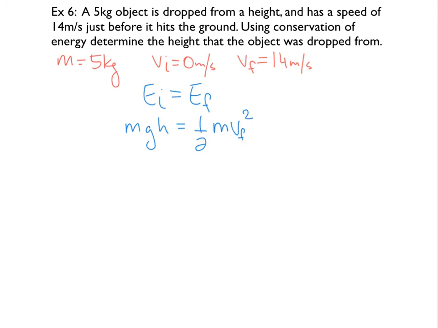Now solving this, we actually did not need our mass because it's going to cancel out. And we want to solve for height. So that's just half v squared divided by gravity.